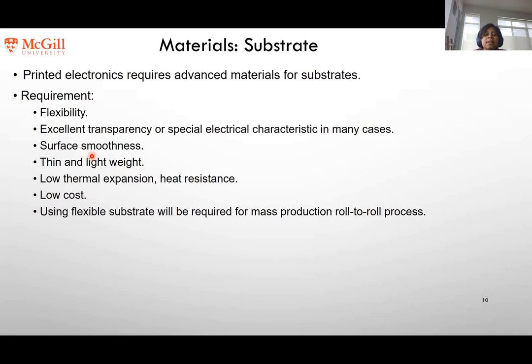And finally, if we want to do roll-to-roll processing, which I think is the final idea of printed electronics, we want to print them like how we used to print newspaper in a roll-to-roll process. For that sort of mass production, we definitely need the substrate to be flexible, because we need to roll them around a roller. And also, these days for many applications, we are anyway looking for flexible substrates.